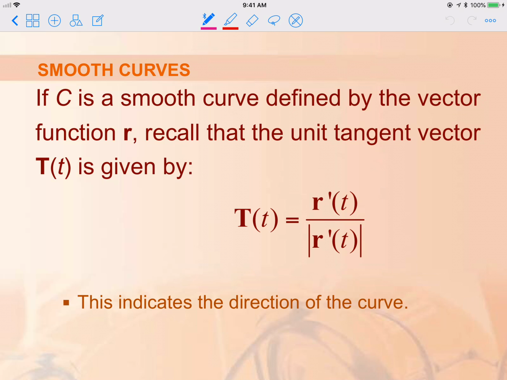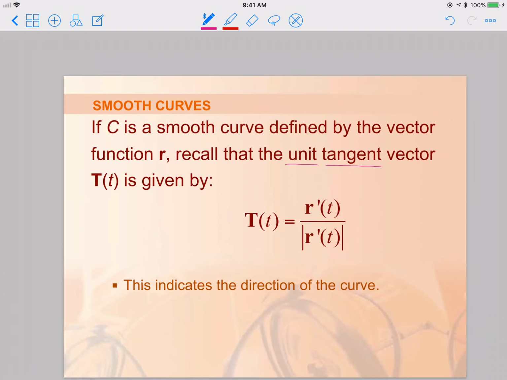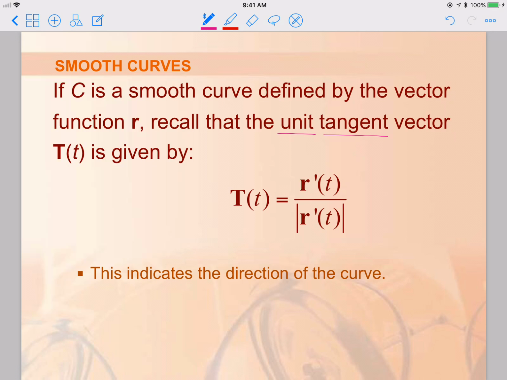Okay, when we're talking about curvature, our definition only applies to curves that are smooth. Now recall that we had the unit tangent vector. What we did to get that unit tangent vector was essentially take the function that's going to give us the tangent, that derivative function, and then scale it by 1 over the magnitude.